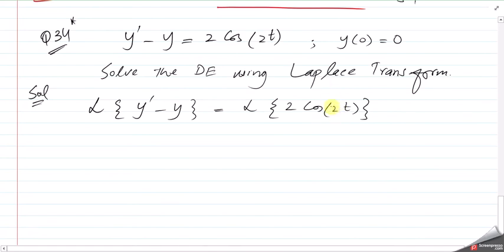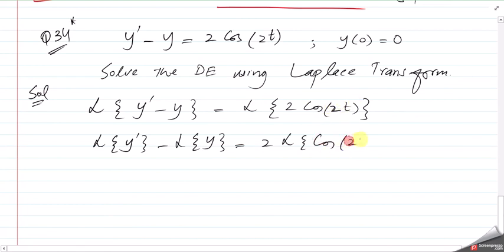So on this side, Laplace of y prime minus Laplace of y equals 2 times Laplace of cos 2t. This 2 is a constant, so it can go outside, but this 2 inside cannot go outside. This is our k.